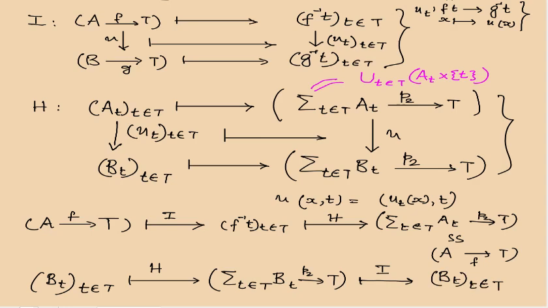So I observe that I composed H is nothing else but the identity. Whereas H composed I is not the identity, but this is naturally isomorphic to the identity functor.